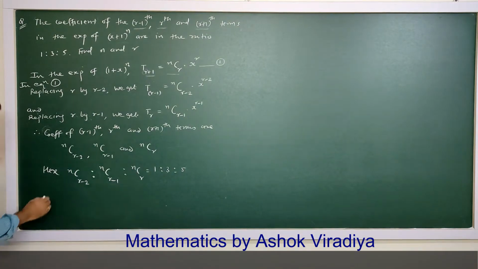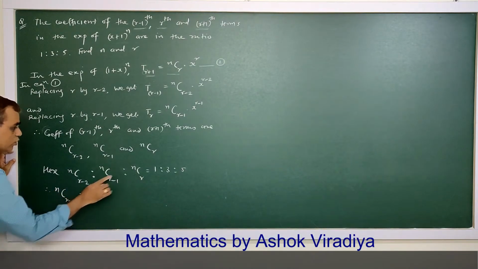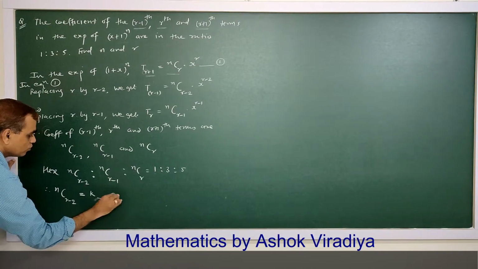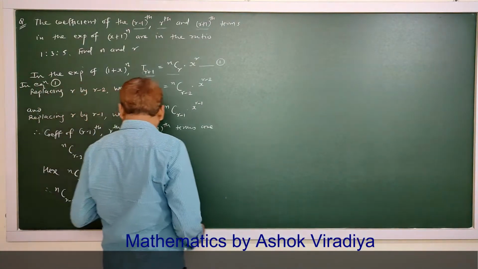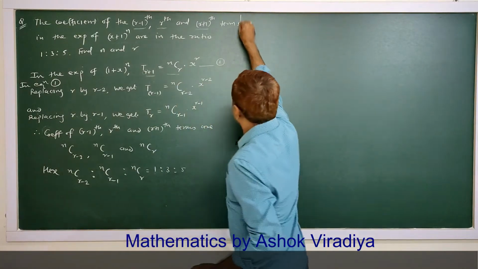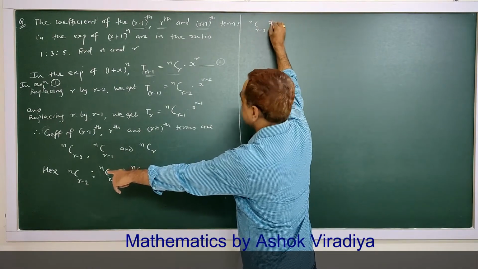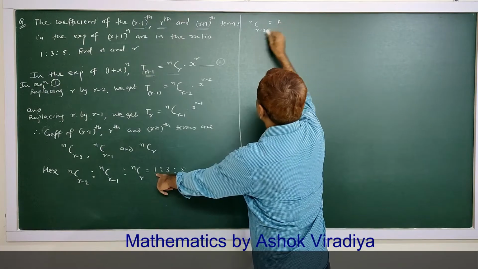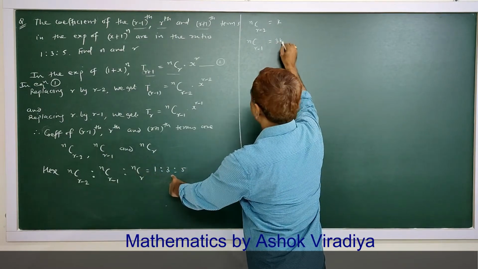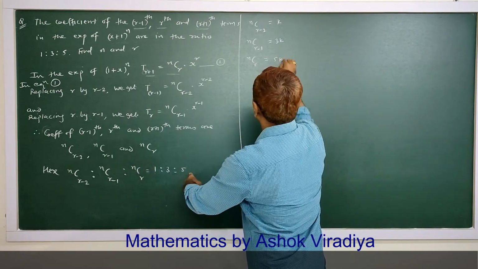So that means we can say nC(r minus 2) is equal to 1 into K, and we call this equation 2. nC(r minus 1) is equal to 3K, and nCr is equal to 5K.